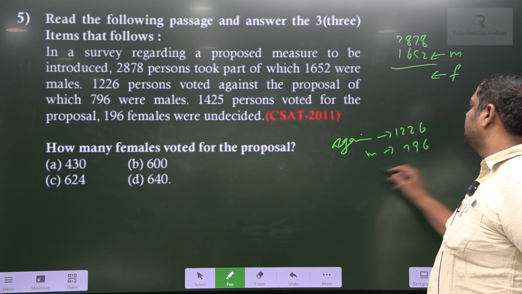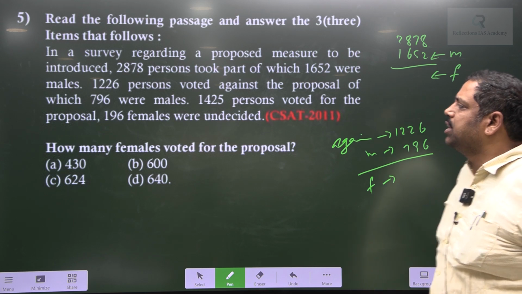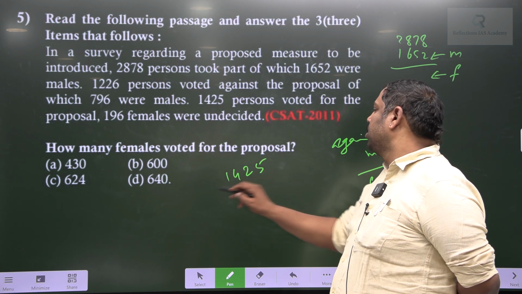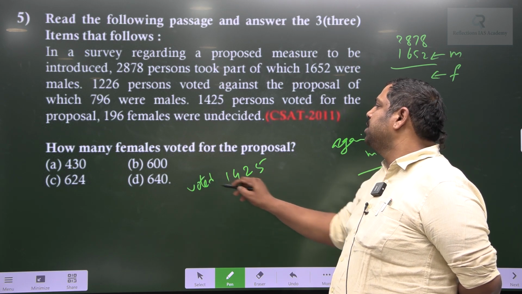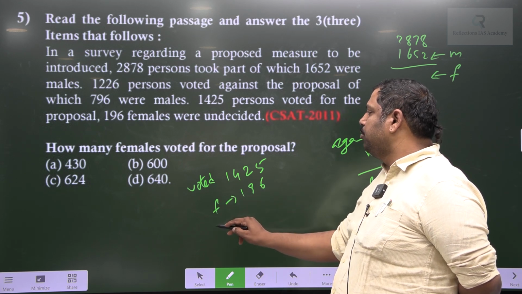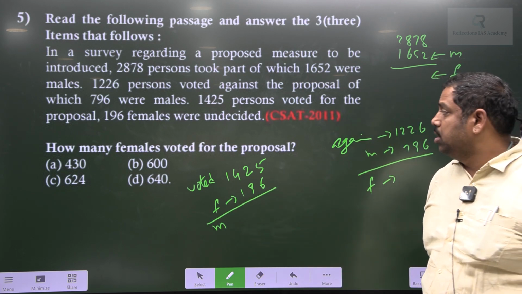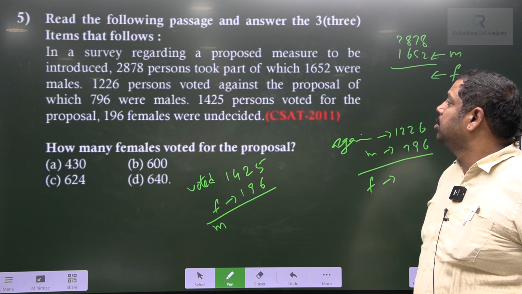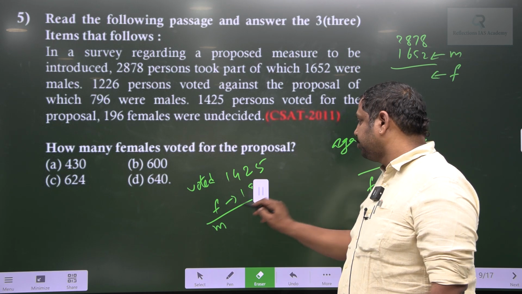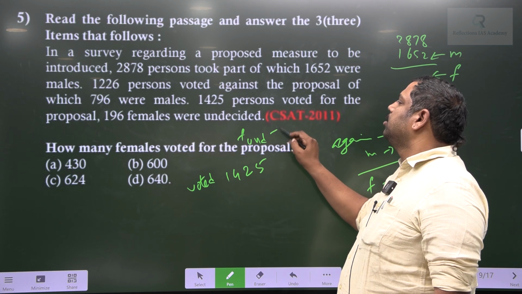If I subtract the males, I'll get the value of females who are against. 1425 people voted for the proposal, of which 196 were undecided. So in the females, undecided are 196.